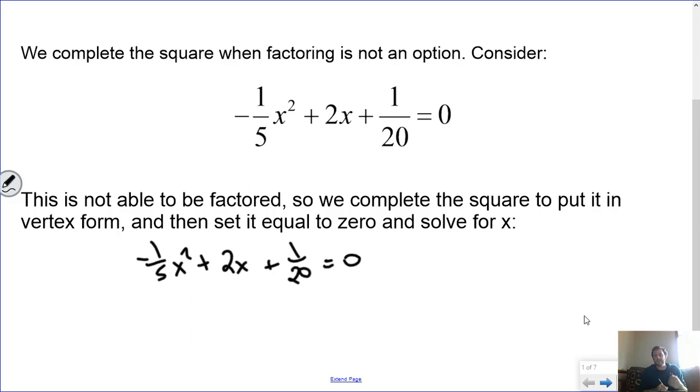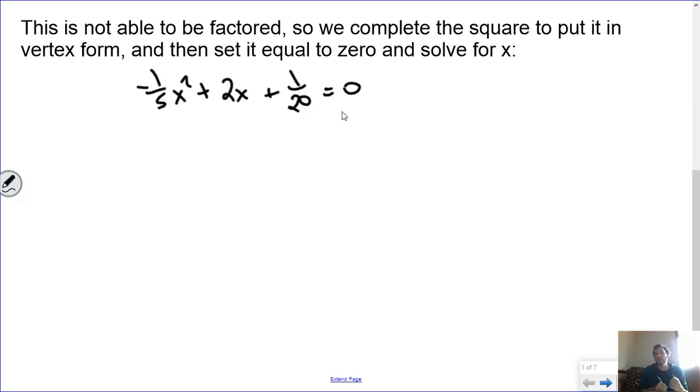The nice thing about these types of questions is a lot of students don't like fractions. Well, when you're working with an equation, we can circumvent some of the things we aren't able to do when we're working with an expression or a function. For example, if I were to say just factor this expression that didn't have the equal 0, just this part right here, you can't use inverse operations.